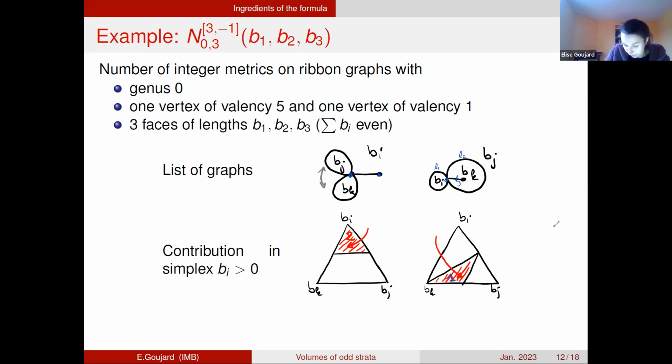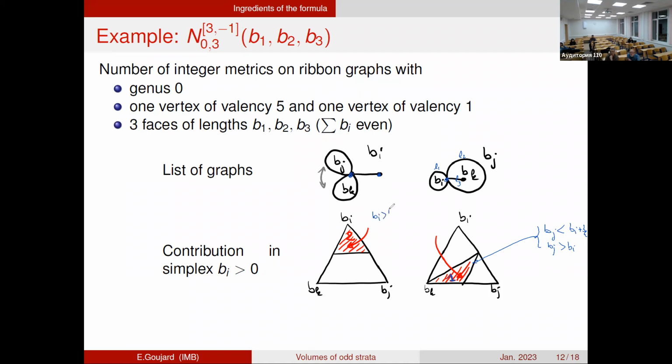So this chamber is Bj smaller than Bi plus Bk and Bj bigger than Bi. This is the equation of this chamber. Okay. So to be able to choose L2, for instance, you need Bj to be greater than Bi. Okay, etc. Here you can do the same computation. Sorry, Bj should be greater than Bk.